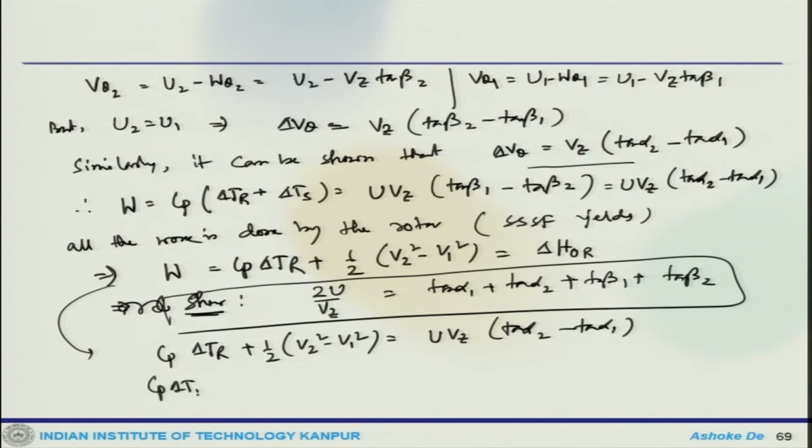So, Cp delta T r equals u V z tan alpha 2 minus tan alpha 1 minus half V 2 square minus V 1 square. It is just a rearrangement. Now, we can replace V 2 equals V z sec alpha 2 and V 1 equals V z sec alpha 1.